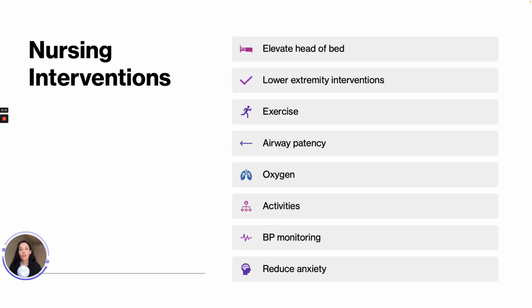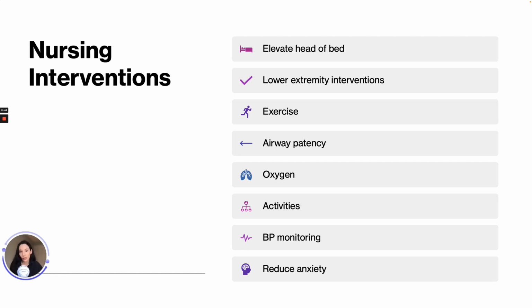So different nursing interventions that we can use with these types of patients with neurogenic shock should be geared towards supporting cardiovascular and neurologic functioning. This can include elevating the head of the bed. Elevation of the head helps prevent the spread of anesthetic agent up the spinal cord when a patient receives spinal or epidural anesthesia.